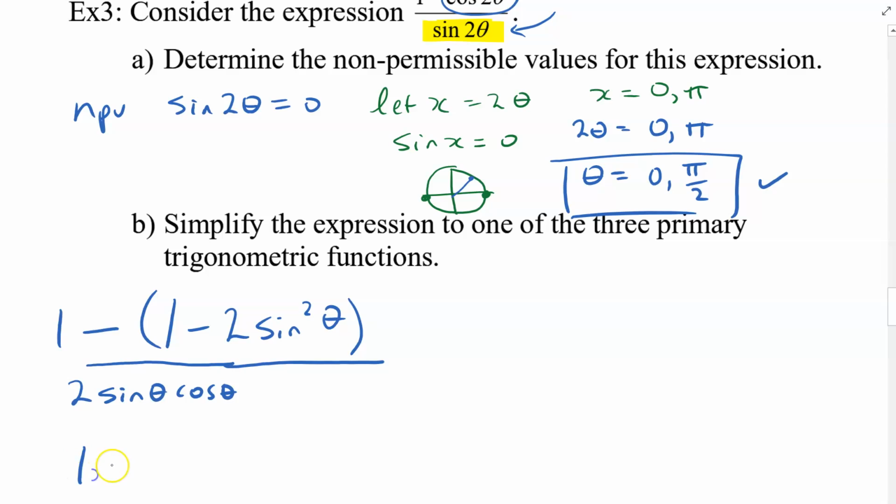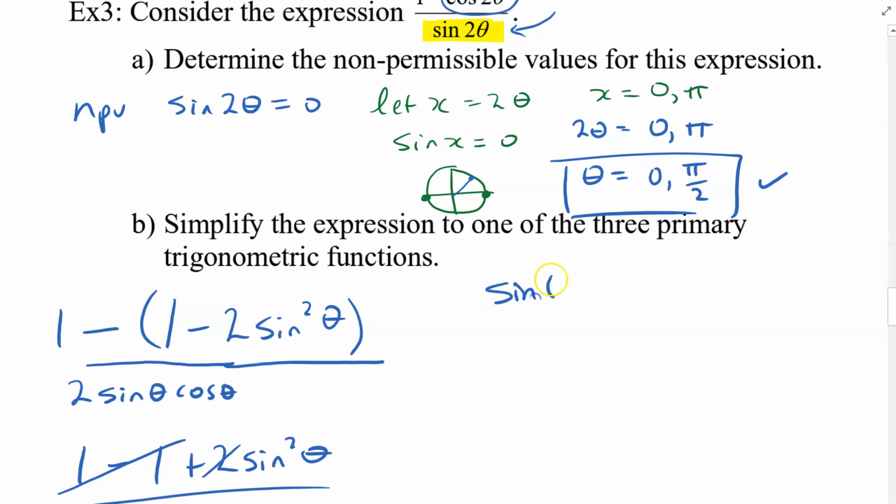So this would turn into 1 minus 1 plus 2 sine squared theta all over 2 sine theta times cos theta. Now my 1 minus 1 is going to simply turn into a 0. Now I have 2 sine squared theta over 2 sine theta cos theta, and I can divide both the top and the bottom by 2, and that cancels that out, and also by sine. So when I'm done all that, I'm going to get sine theta all over cos theta.